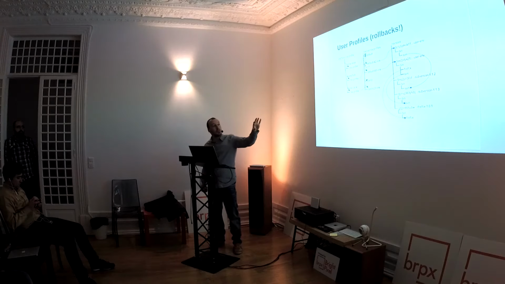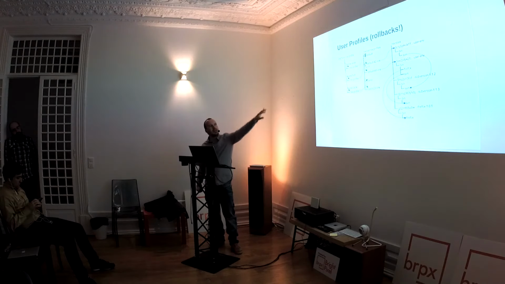Every time you add something, a new symlink is created, which is like a new version. And if you look at user directories, each user can have different packages, and their Nix profile points to one of these profiles, which points to all the packages. So it's kind of like a symlink farm.